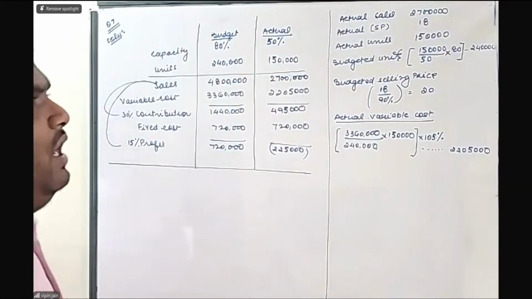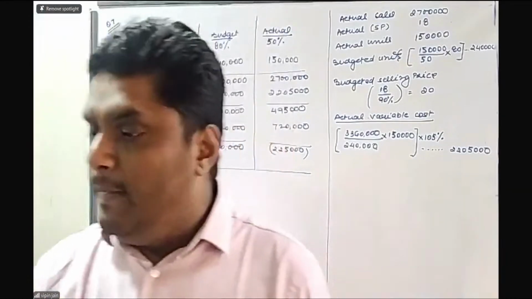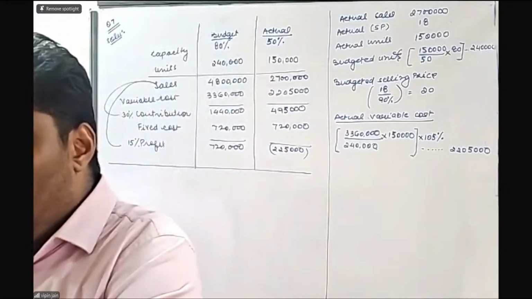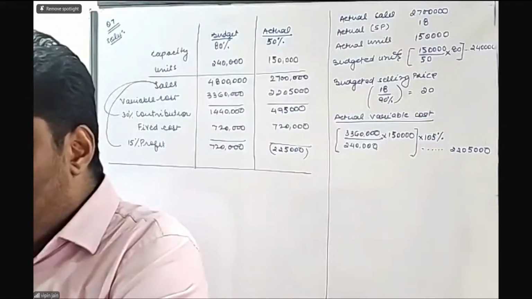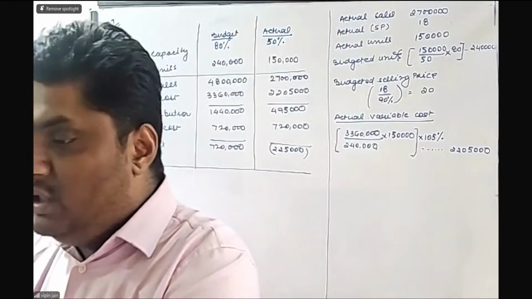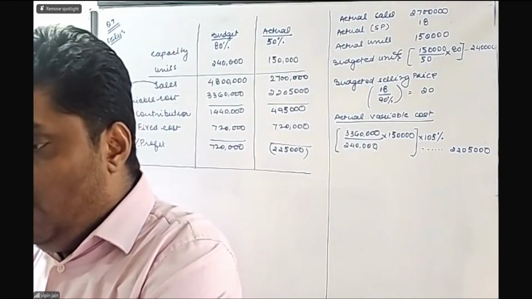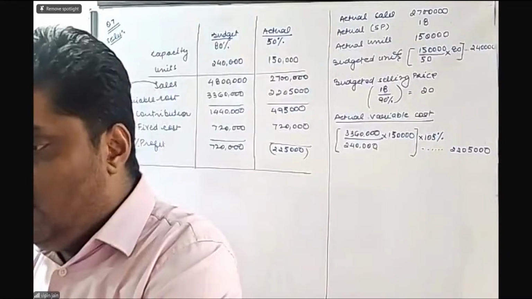So this is the master chart wherein budget and actual. Most of the students were not able to answer. Again, guys, it's just simple mathematics. Very good, Balachandran. Your answers are correct. Raman, yes, your answer is correct.